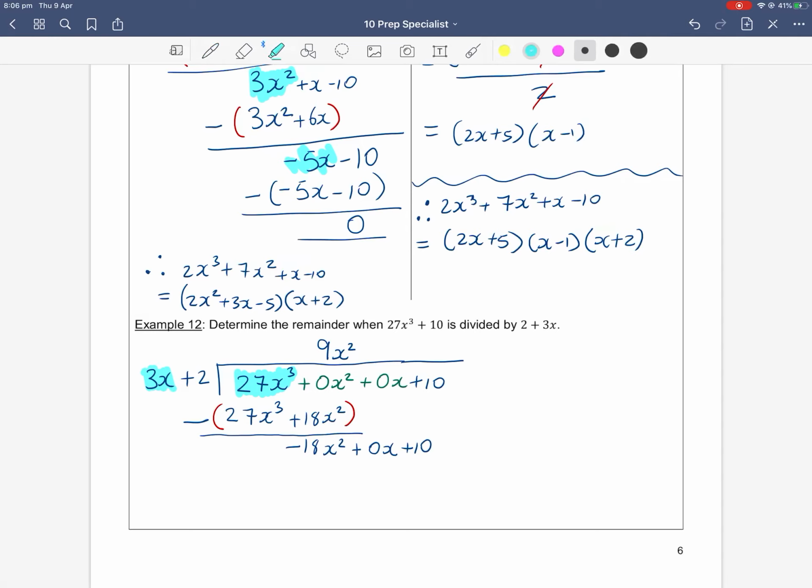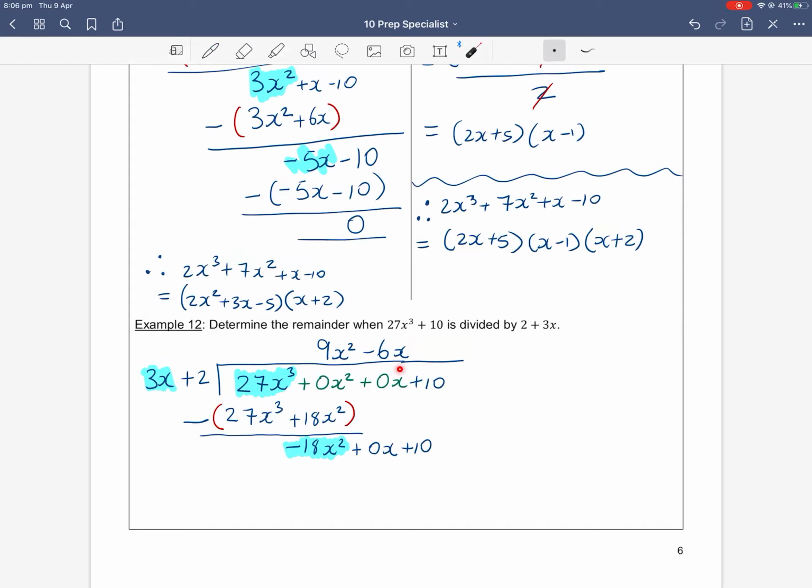So do the same thing again, look at the highest power of our temporary remainder, which is negative 18x squared, and you think, well, 3x times what gives me negative 18x squared? Well, 3 times negative 6 gives me negative 18, and I'm missing an x to get me x squared.